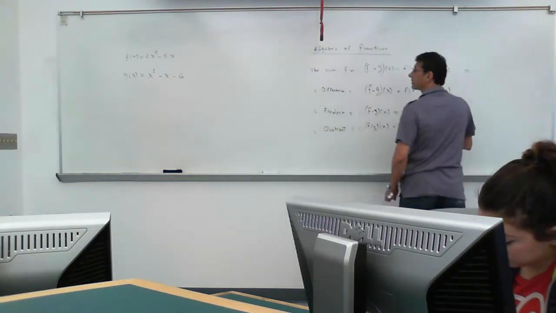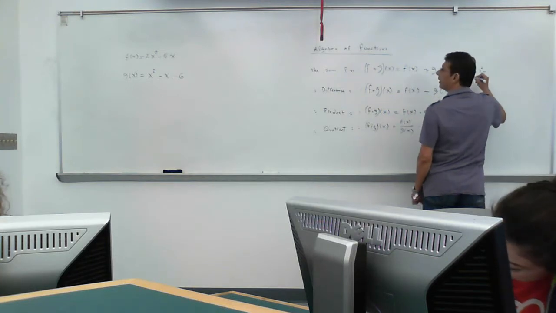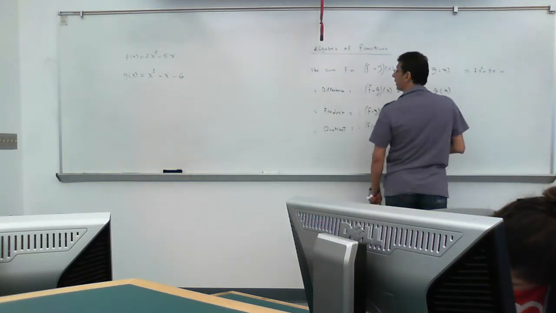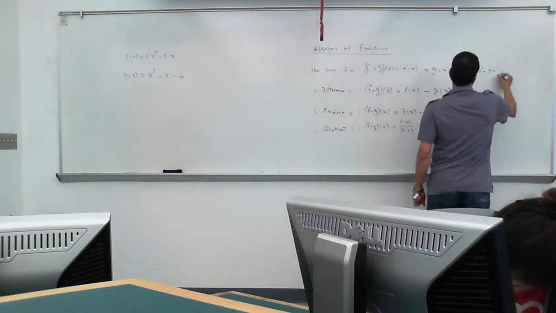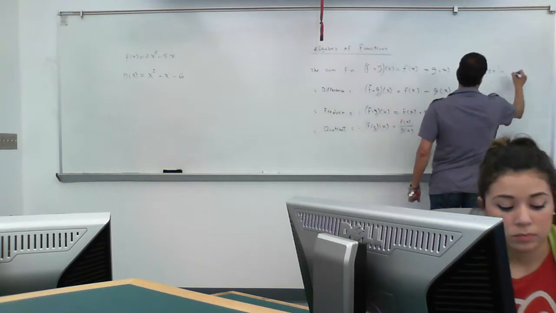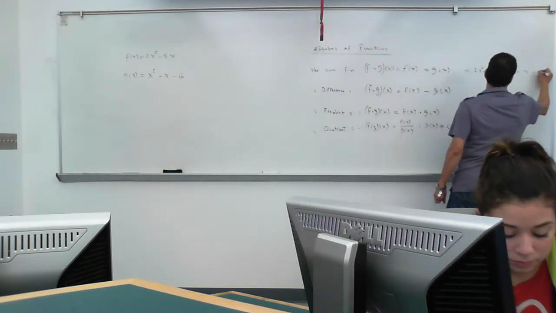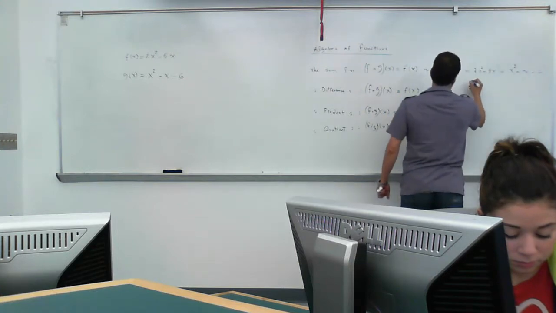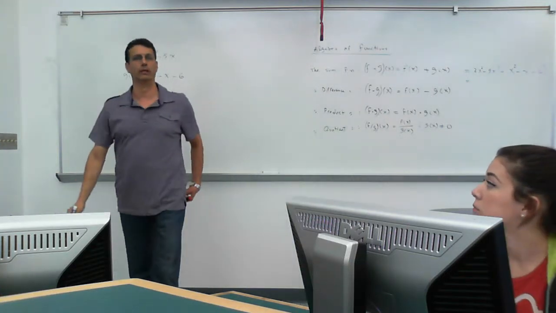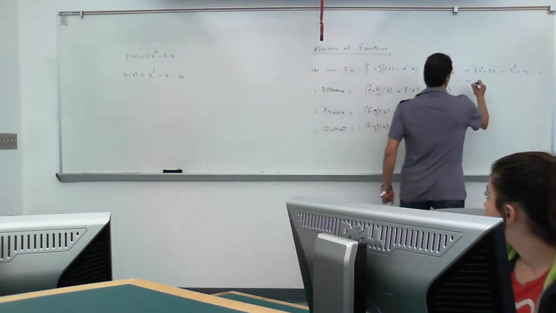What is f of x? 2x squared minus 5x, and then we're going to add to it, and if you want you can put it in parentheses, it doesn't matter in the first sentence, x squared minus x minus 6. You need to collect like terms and you end up with what? 3x squared.